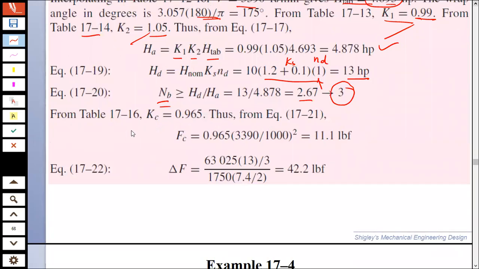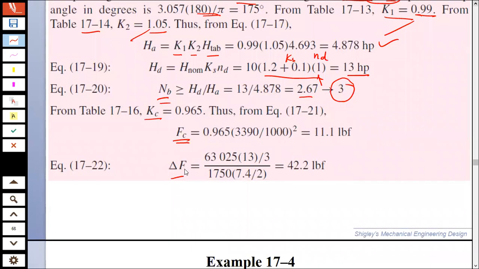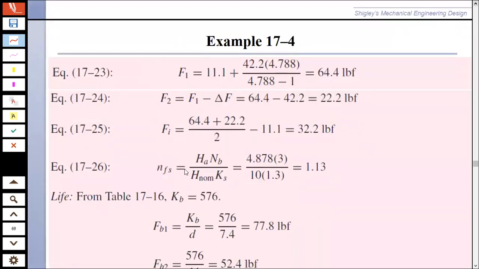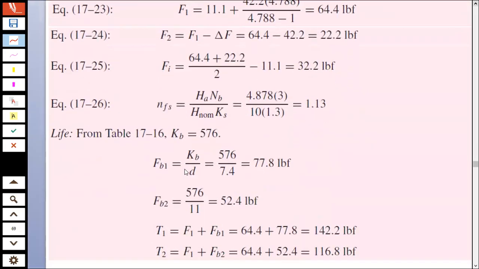Theek hai ji, from table you find your Kc and then your Fc, delta F. Theek hai ji, the difference between the two tensions. Go ahead and find your F1, F2, Fi the same way as we did for the flat belts.